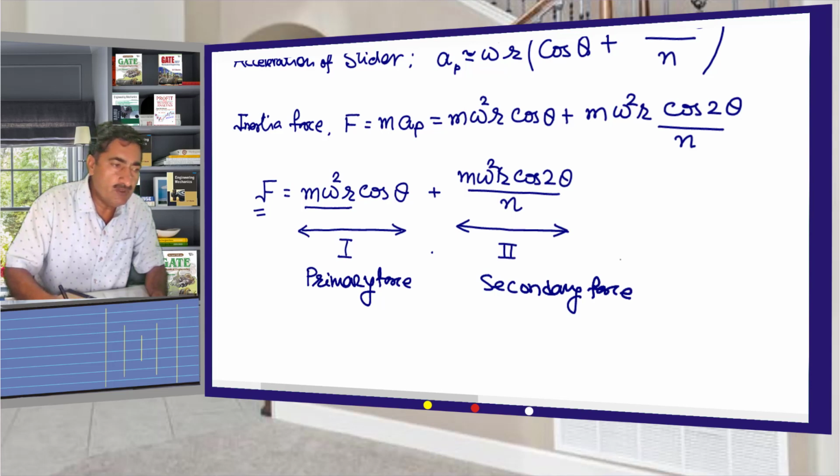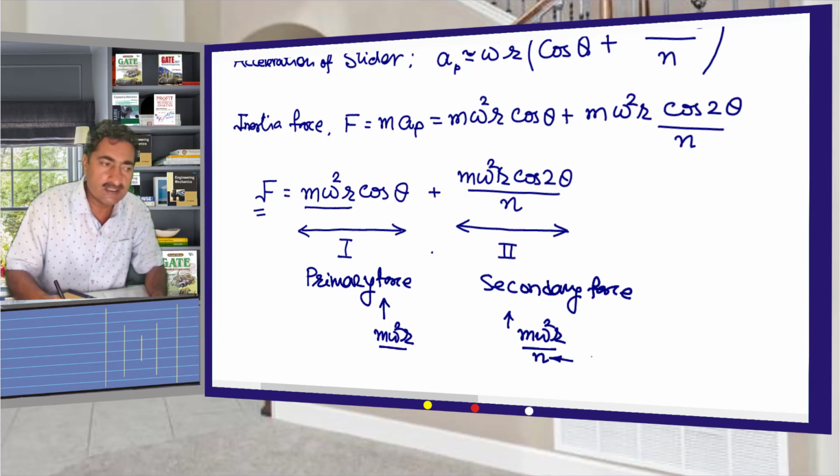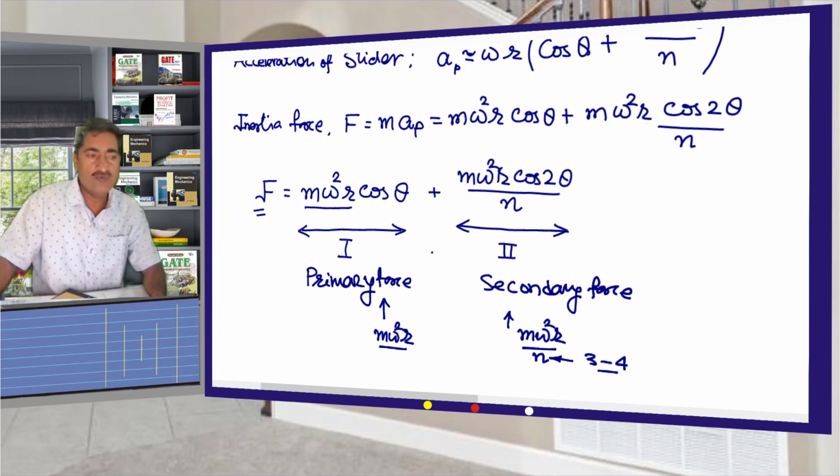The magnitude of this primary force is m omega square r, and the magnitude of this secondary force is m omega square r by n. Generally the value of n in automobiles is approximately 3 to 4.